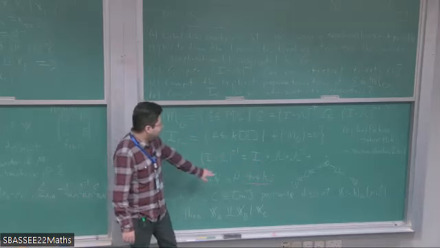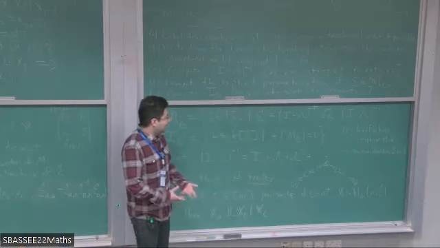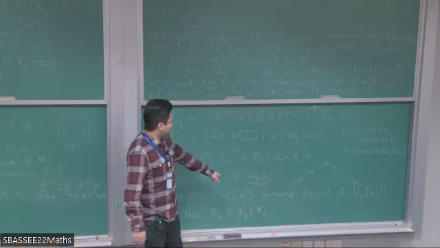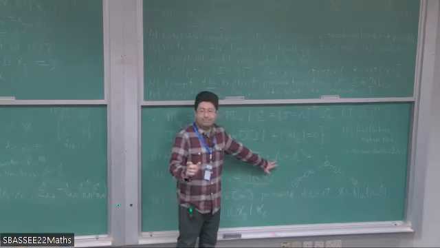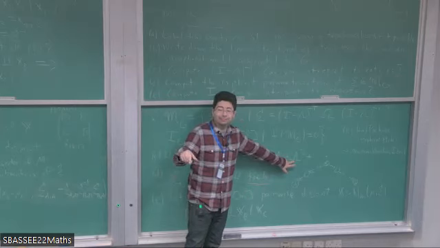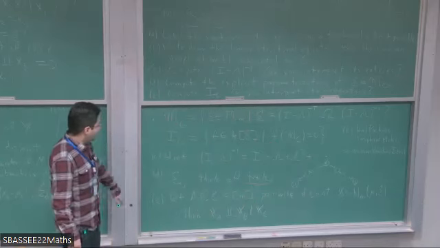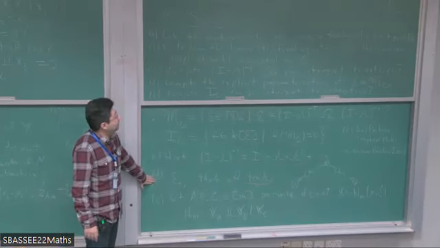And this will tell you something about the paths in the graph. For example, lambda has all the paths of length 1, lambda squared encodes all the paths of length 2, and so on.